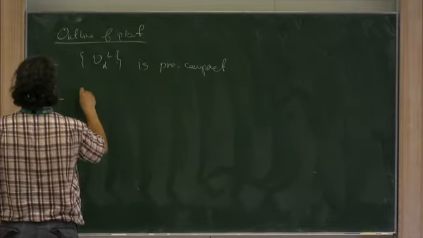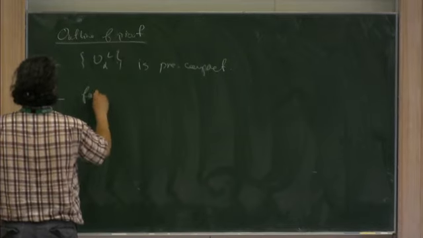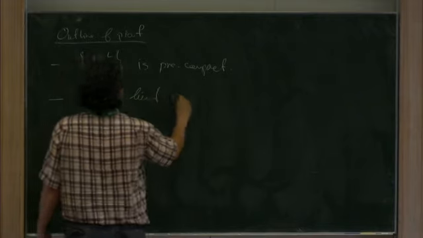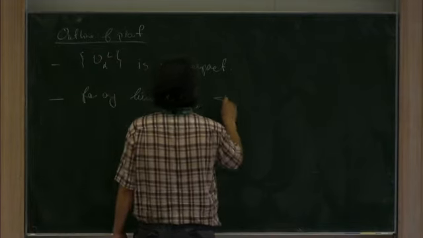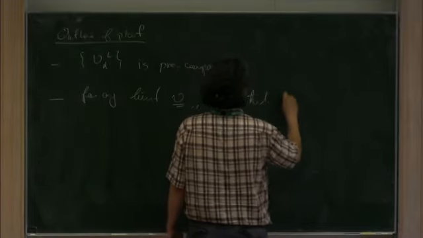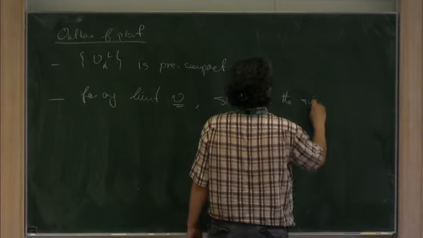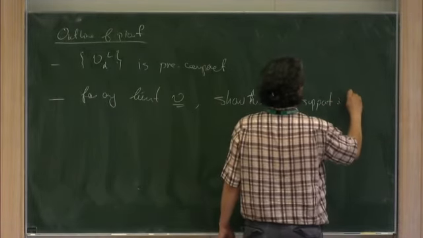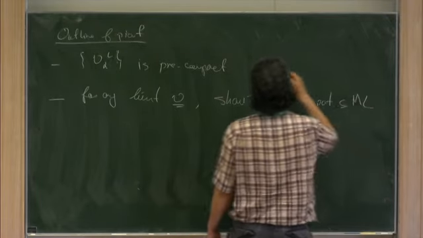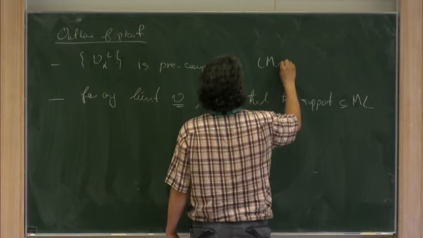So if I pick any limit mu, we show that the support is a subset of ML.